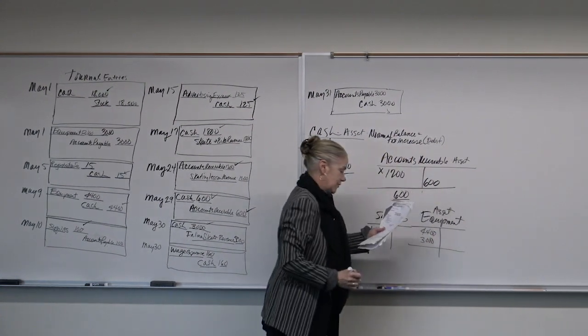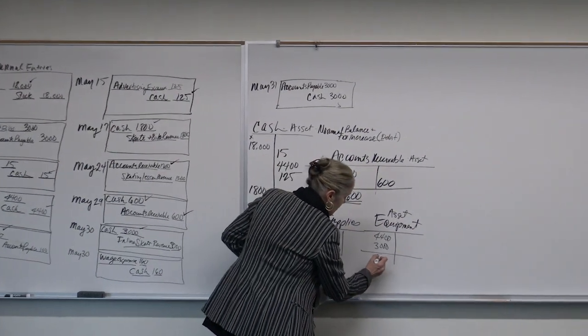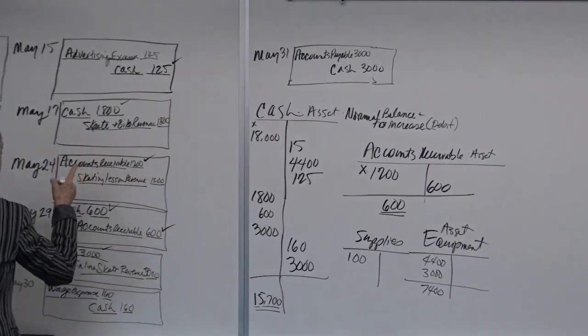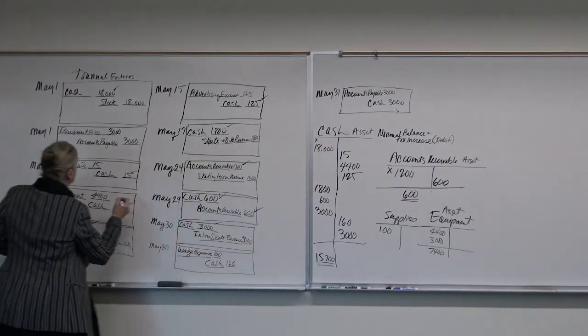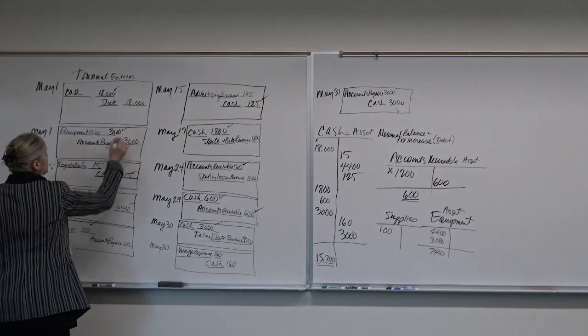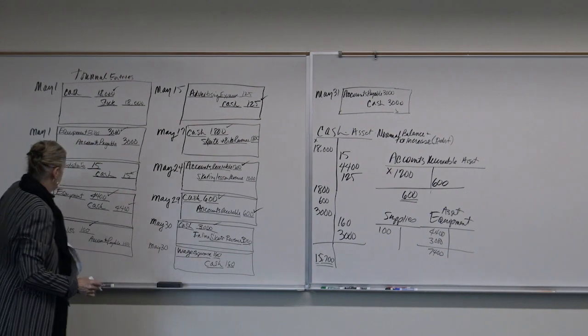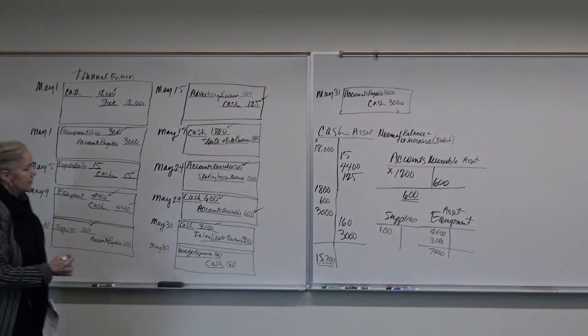I'm going to add these together. I'm at 7,400. So that takes care of our assets.